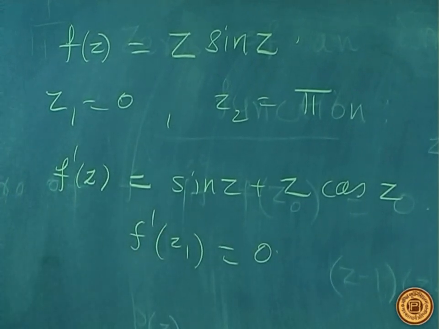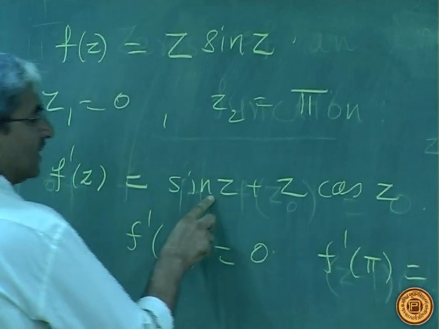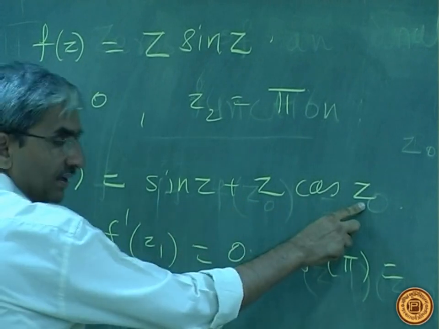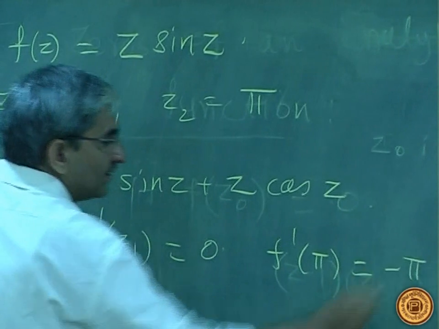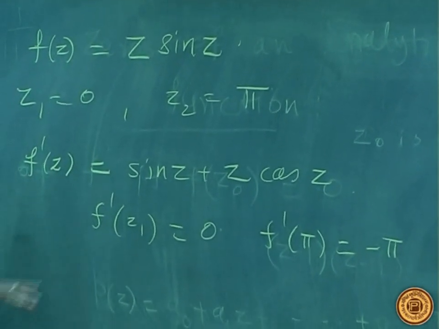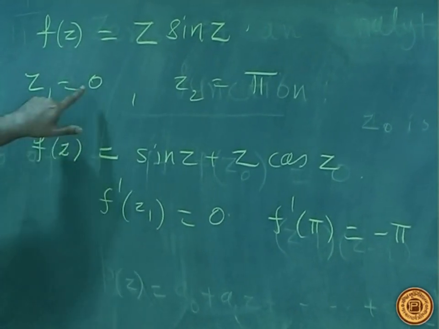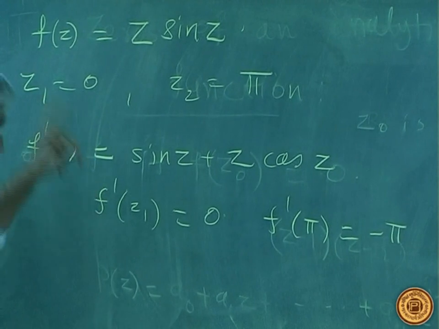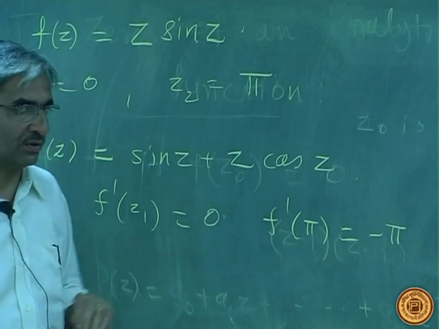Whereas what about f dash of pi? It is sin pi, which is 0, plus pi cos pi. Cos pi is minus 1, so it is minus pi. So that is not 0. After finding the first derivative, the difference between these two zeros is more clear. At this point f dash is again 0, but at pi f dash is not 0.